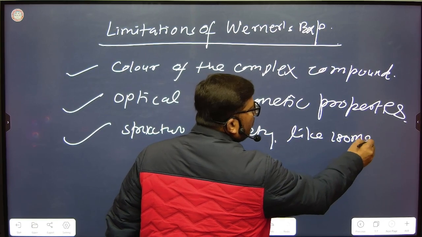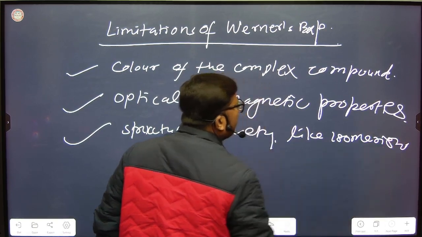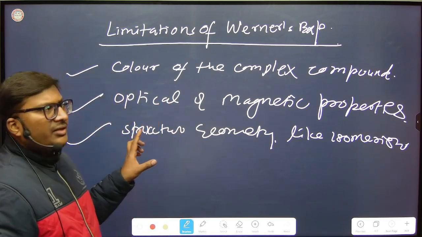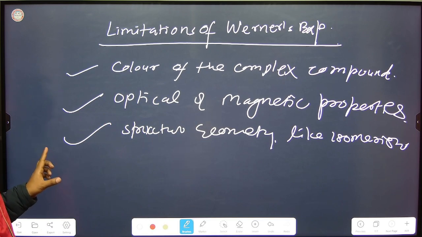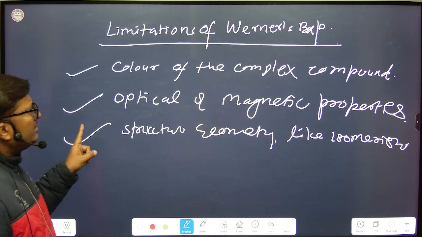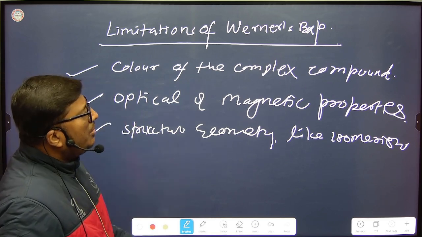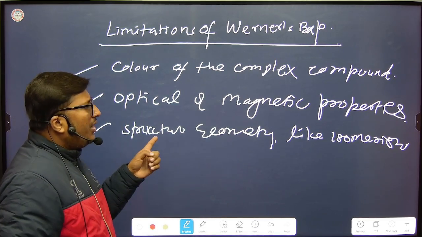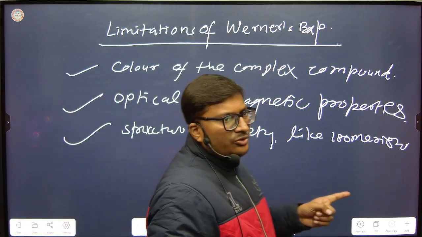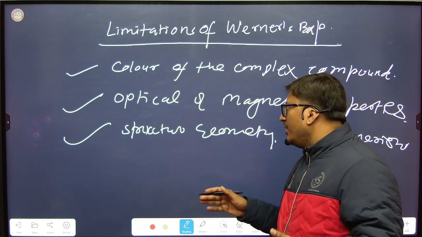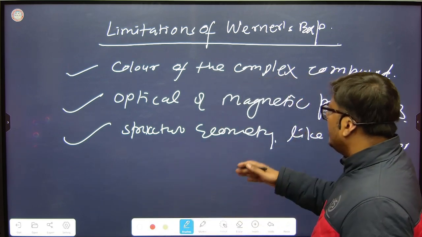So these are the points that Werner was not able to explain in his experiment, that is color of the complex compound, optical and magnetic properties, and structure geometry like isomerism. So there he was not able to explain these points.